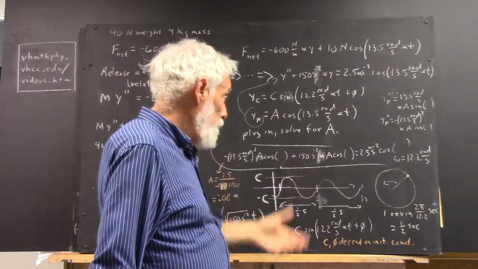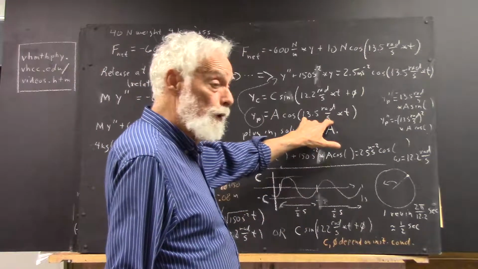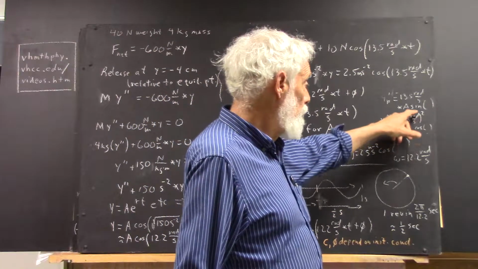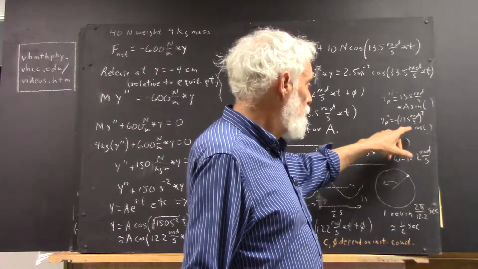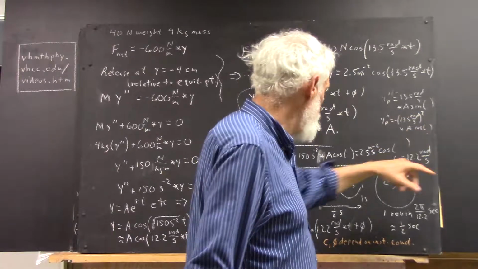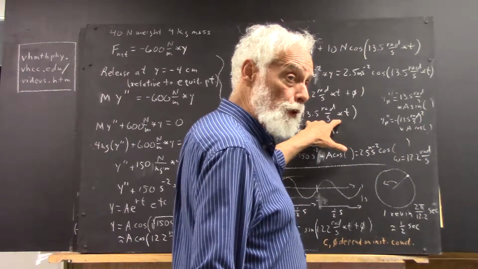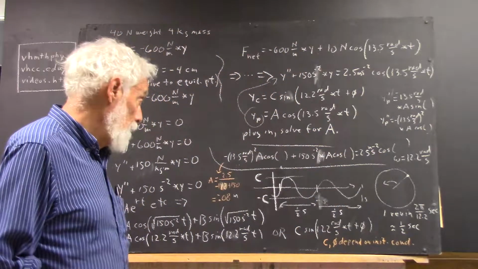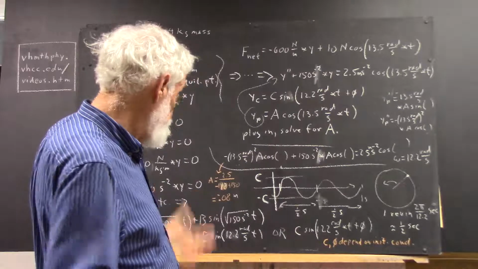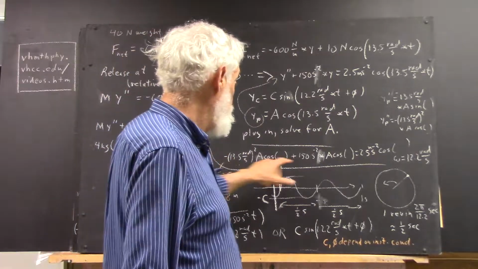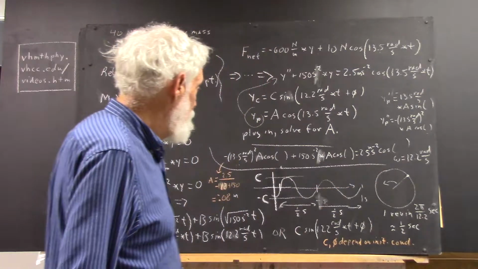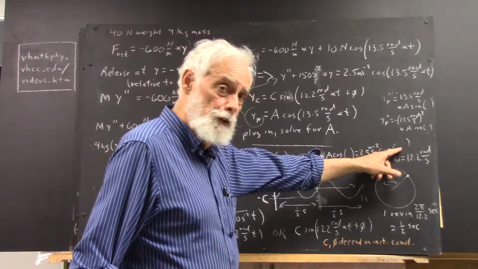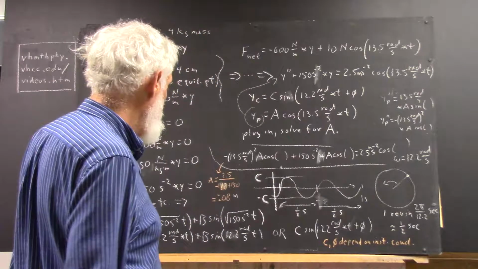And then the derivative of that, the chain rule is going to give us another 13.5 radians per second, so that we're going to get negative 13.5 radians per second quantity squared times A times the cosine, and I just wrote the parentheses, but the parentheses will automatically include the 13.5 radians per second times t. So when we plug that in, here's the equation that we get. Again, I haven't written out the 13.5 radians per second times t, but that's what's in every one of these parentheses.